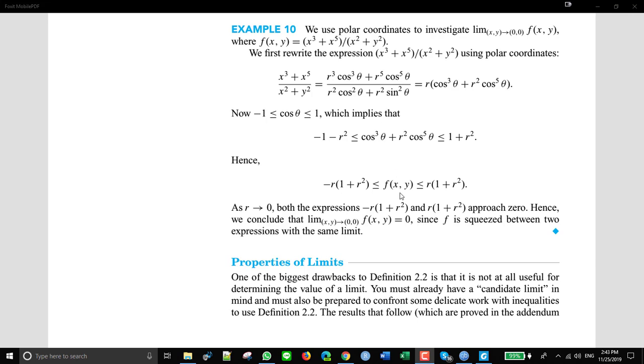Remember that our function is always going to be squeezed in between these two things, and we can see that as r goes to 0, this goes to 0, and this also goes to 0. So that means as r goes to 0, our function is going to be between 0 and 0. Well, that means it's 0. So they say, as r goes to 0, both expressions approach 0. Hence, we conclude that the limit is 0, since f is squeezed between two expressions with the same limit.